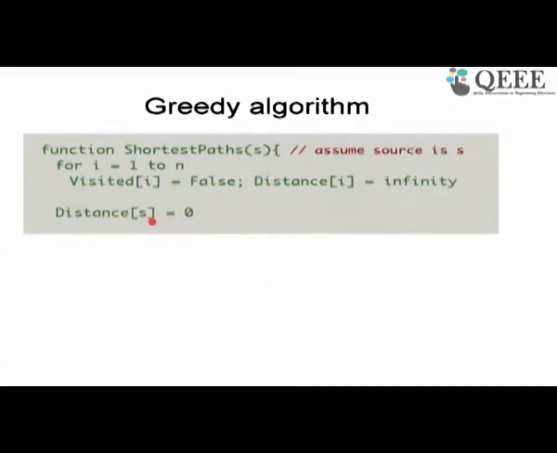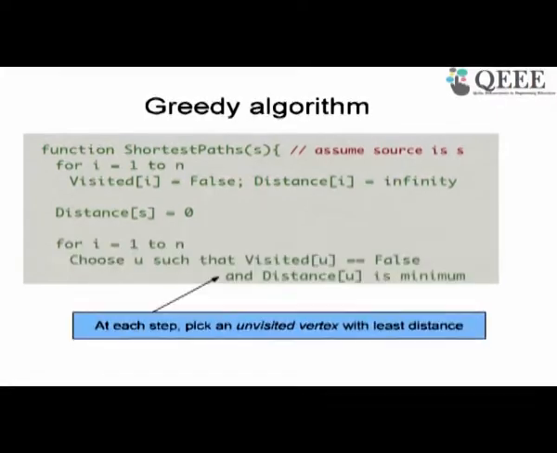Okay, start with node S. You are going to mark visited of S as 1, and you are going to mark distance of S as 0, because the cost to go from S to S is obviously going to be 0. Now, for each node which has not been visited, choose a node U that has not been visited. Choose U so that visited U equals false, and such that the distance of U is minimum.